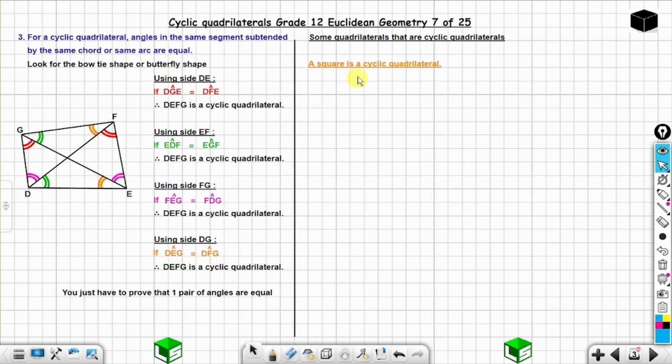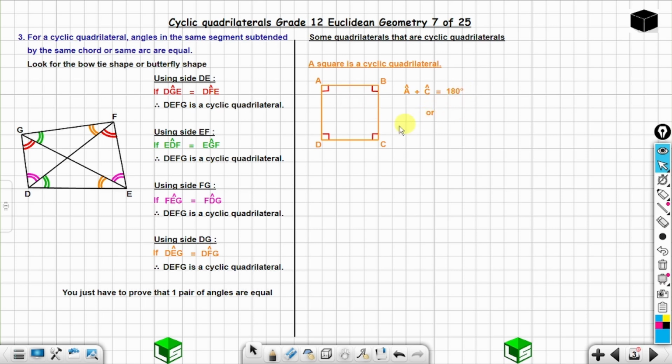A square is a cyclic quadrilateral. If you have a square, opposite angles, if their sum is equal to 180 degrees, this is 90 plus 90. The angle A plus the angle C, you're going to have 180 degrees.